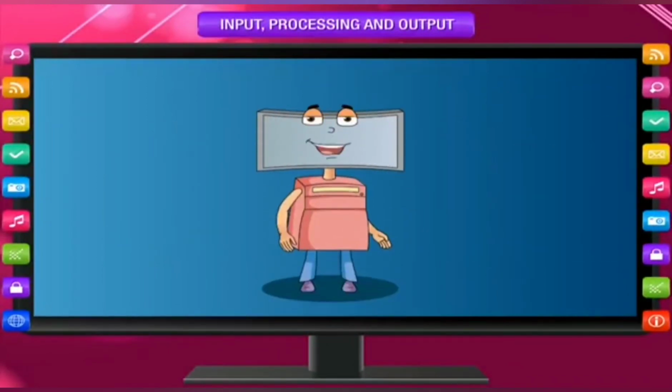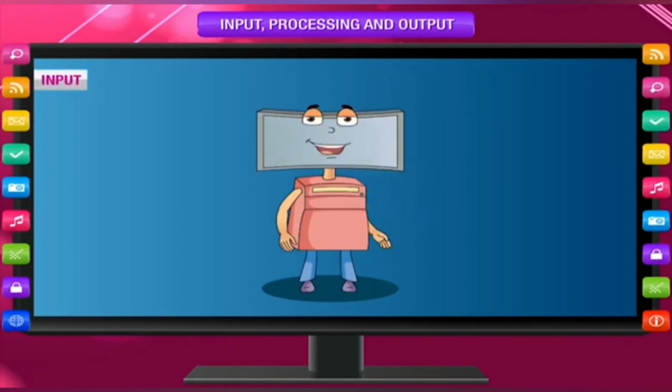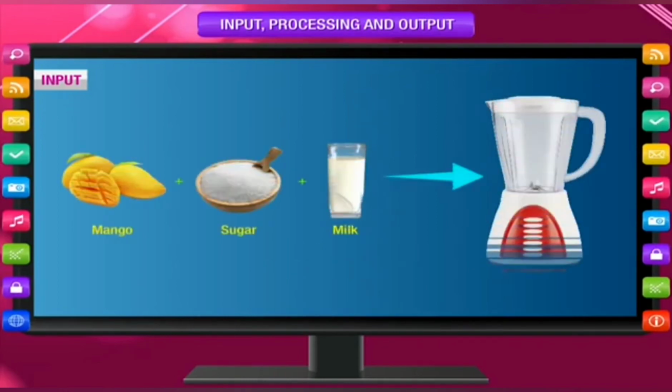You are very familiar with the words in and out. Now it is important to know about input and output. Input, the thing that is given to a machine to work on, is called input. For example, when you make a mango shake, you put mango, sugar, and milk in the mixer grinder.